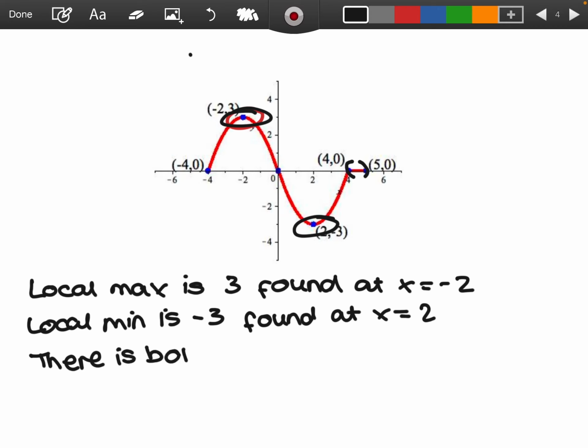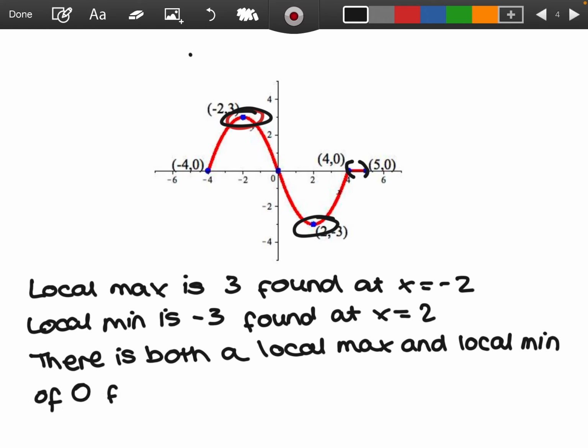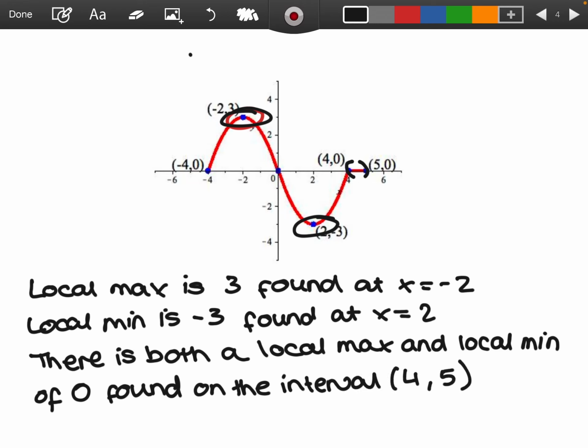So there is both a local maximum and local minimum of 0, and it's found on the interval (4, 5).